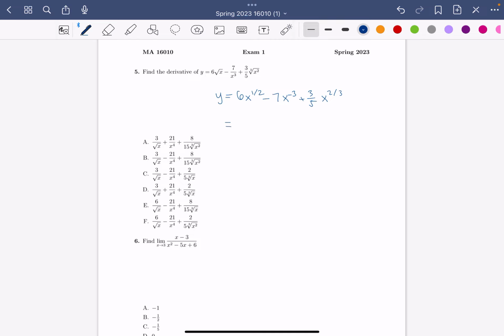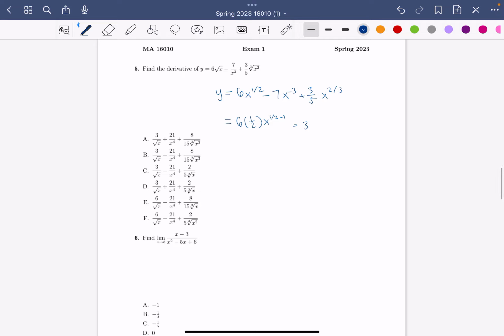Now we're going to do this one term at a time. So the first term, the derivative is we want to multiply 6 times 1/2, x to the 1/2 minus 1. This equals 3x to the negative 1/2. Now for the next term, negative 7x to the negative 3.